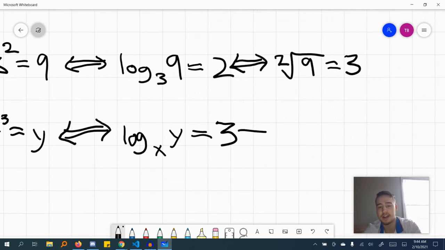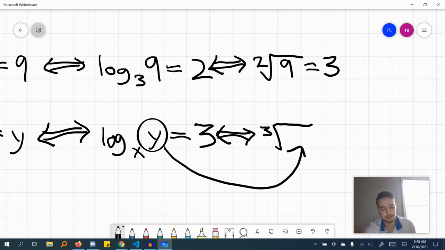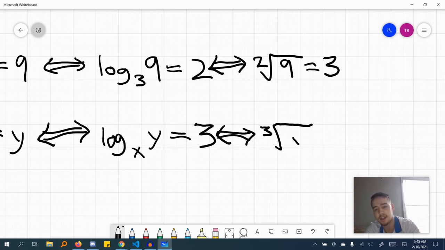And then we'll write it as a radical, where we know that the radical sign is going to show up somewhere. And what we get is the one on the right side of the expression from the log gets to go inside the root here. So the third root of this number inside this part of the log expression, so the third root of y equals the one we have left over, x.